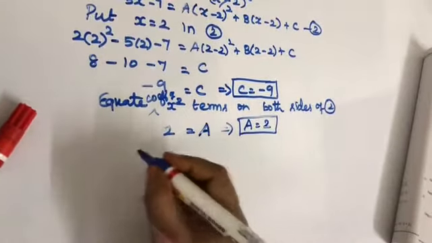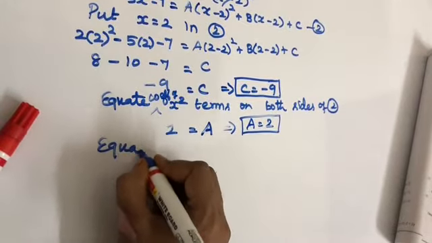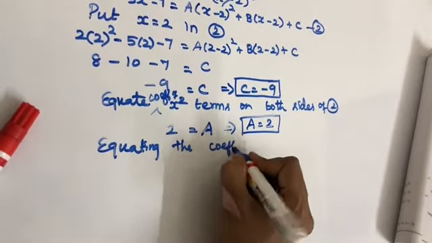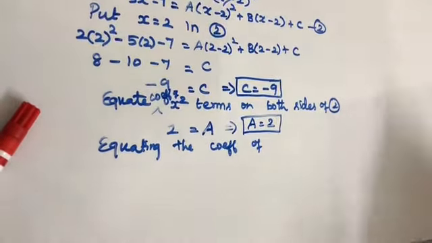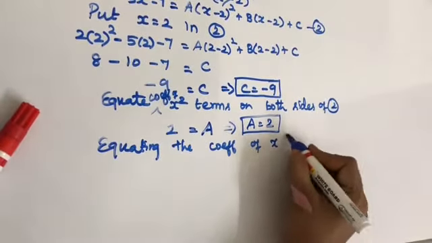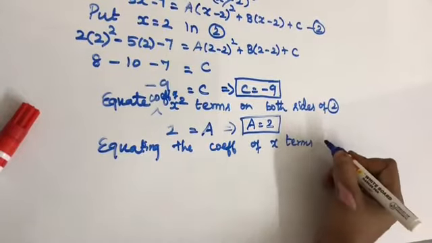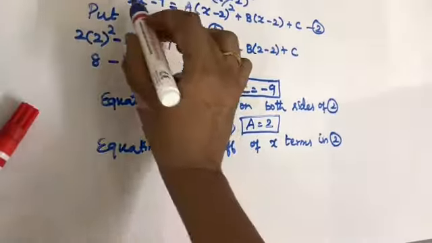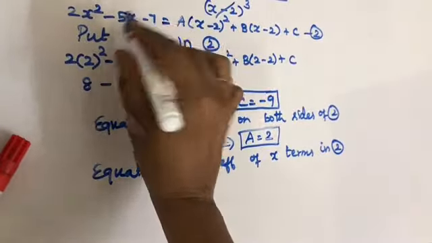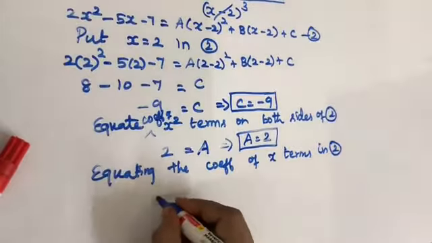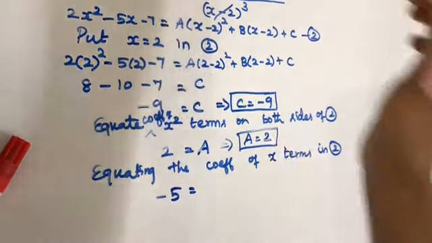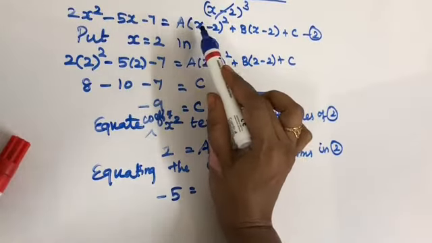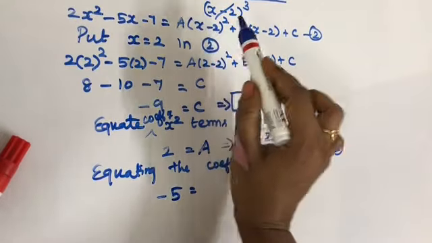Okay. While equating the coefficient of x terms in equation 2. So here on your left, the coefficient of x is minus 5. On your right, here in this equation, x square minus 4x plus 4. Okay.